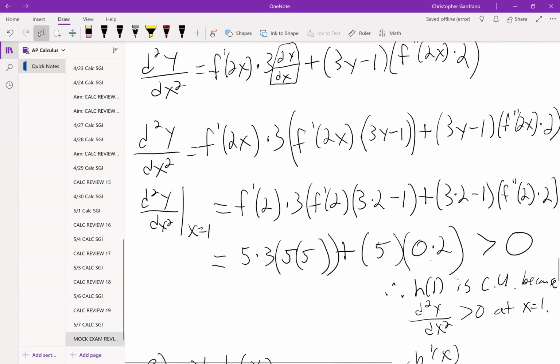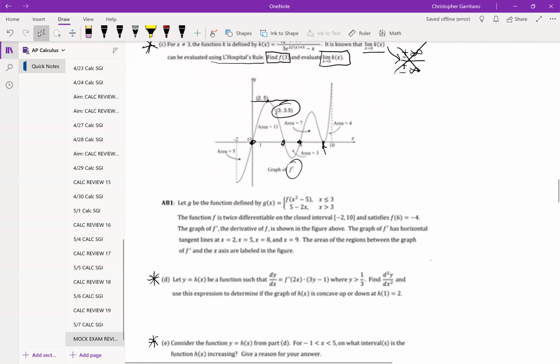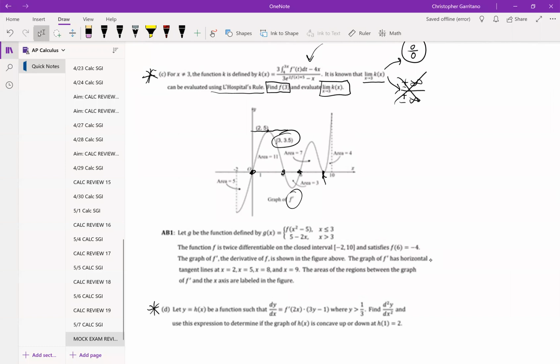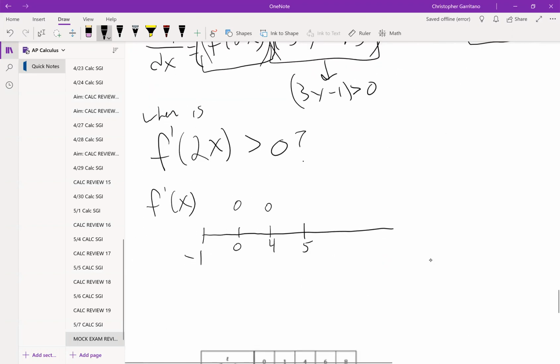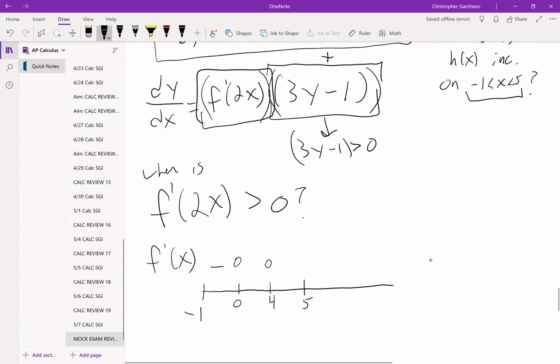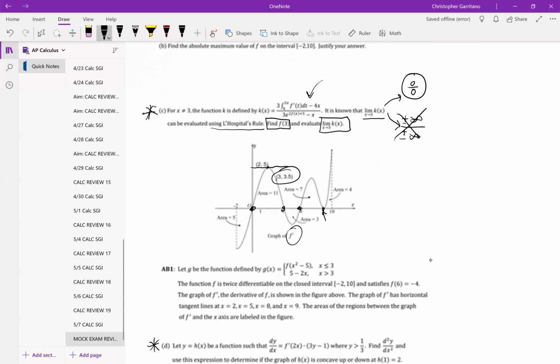But what's happening between those numbers? Well, we see that from -1 to 0, the derivative f prime is negative. From 0 to 4, f prime this whole time is positive.